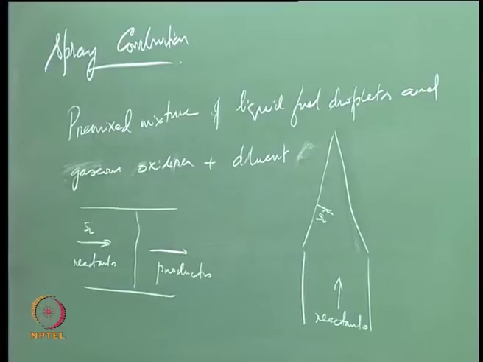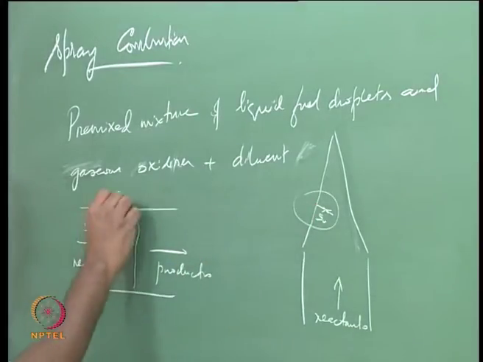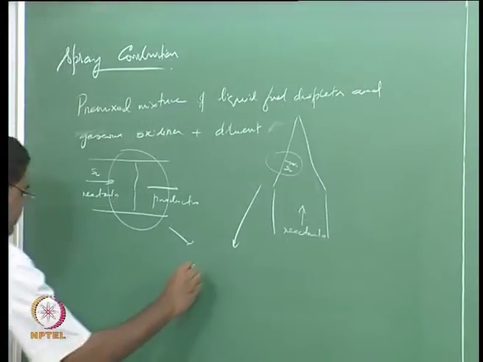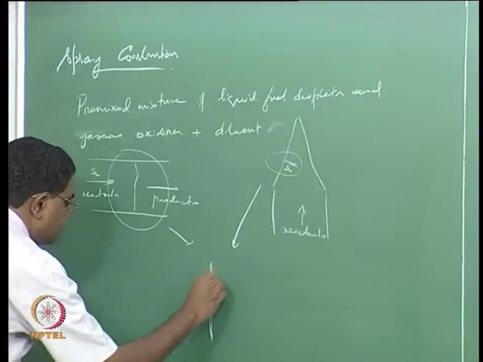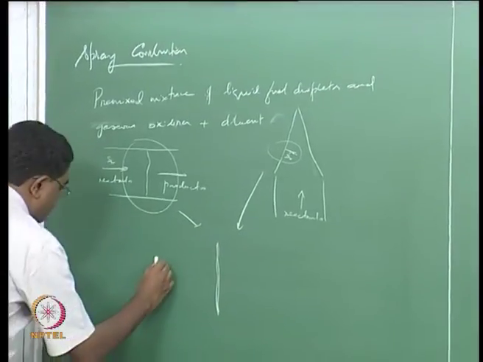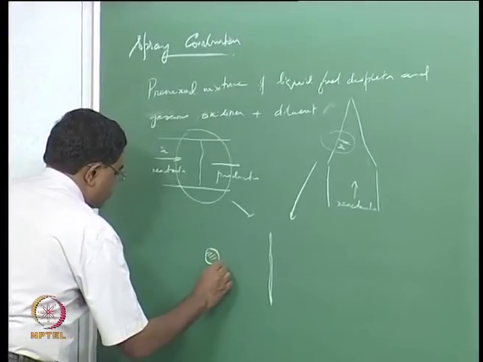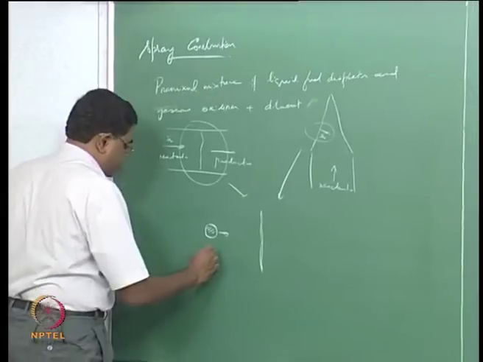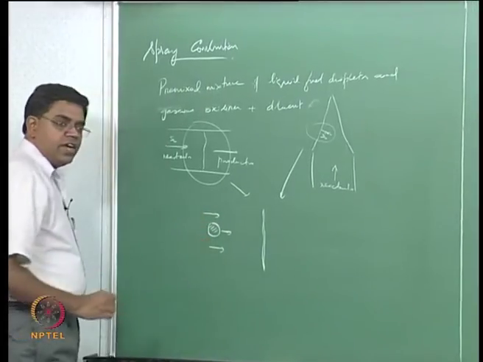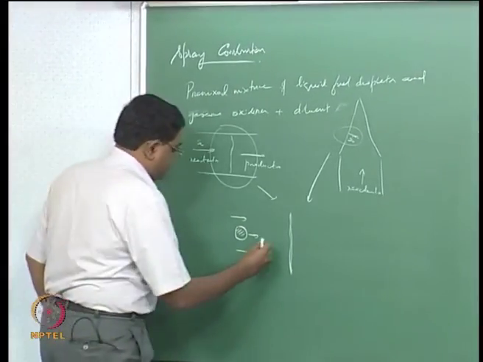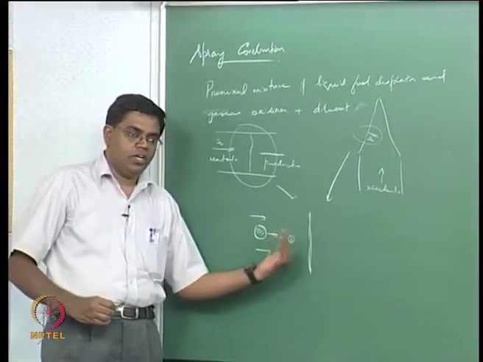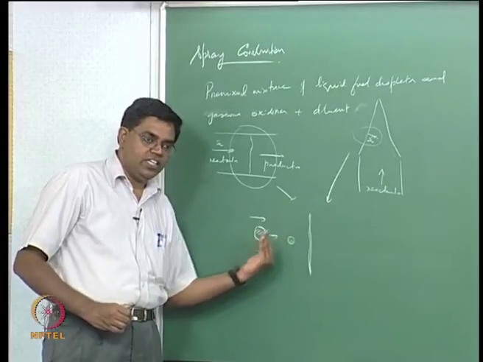Locally, in this region, if you now have a flame, you are essentially saying you have a droplet approaching the flame along with oxidizing gas with inert, and then it begins to evaporate, because it is now under the influence of the flame as far as the heating is concerned.